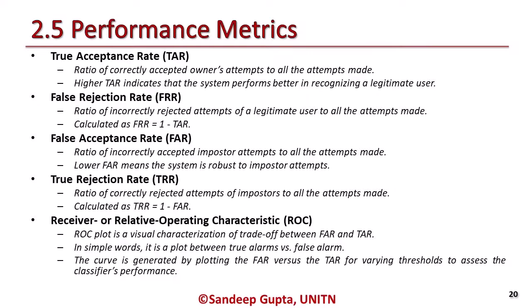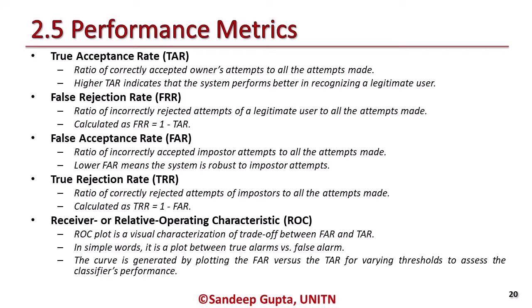In this slide, we discuss some of the important performance metrics for a classification model. True acceptance rate is a ratio of correctly accepted owner's attempts to all the attempts made. A higher true acceptance rate indicates that the system performs better in recognizing a legitimate user. False rejection rate is a ratio of incorrectly rejected attempts of a legitimate user to all the attempts made.